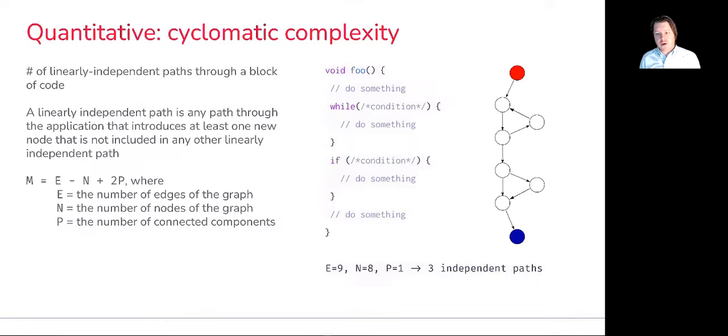I understand at this point in the curriculum, you probably haven't talked a lot about graph theory and the other things that go into it, specifically how to convert a block of code into this sort of representation. So again, I'm not going to ask you to calculate any of this. I'm not going to ask you to sketch a graph derived from a block of code and tell me the cyclomatic complexity of this block.